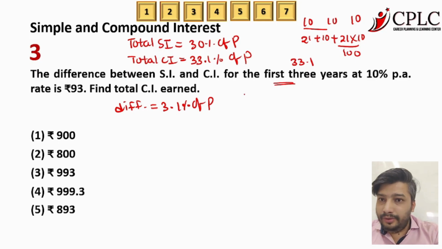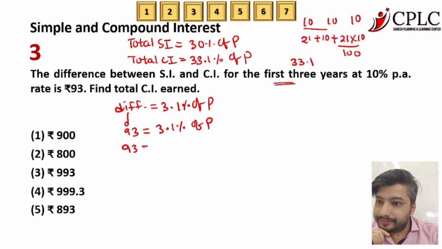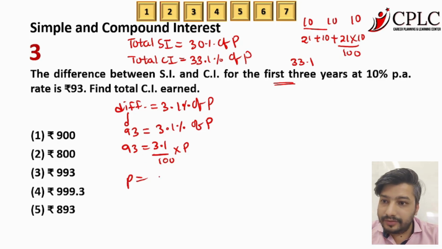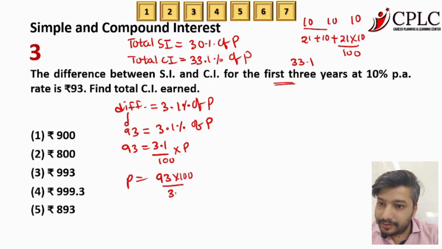Now we can substitute. So difference was 93. 3.1% of principal, 3.1% is 3.1 upon 100 into P. So I need P. So this whole thing goes here and reverses. So this becomes this.